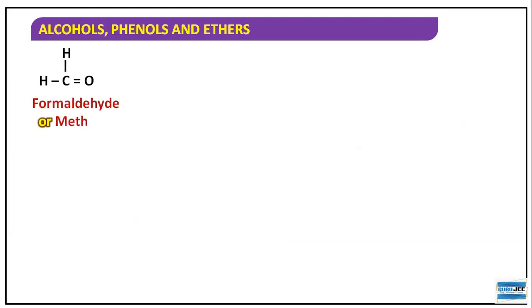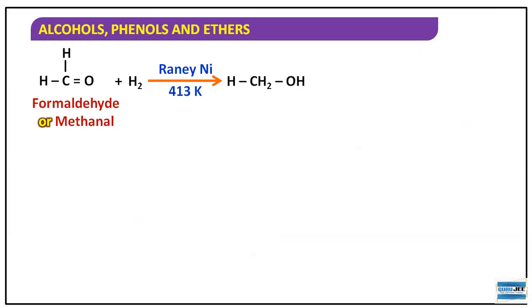First method, formaldehyde, when reacting with hydrogen in the presence of Raney nickel, you straight away get alcohol. There is no question at all.